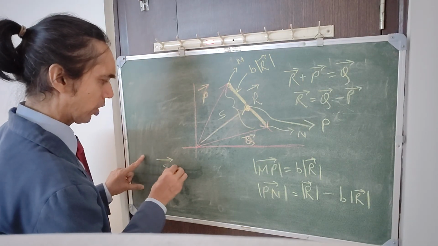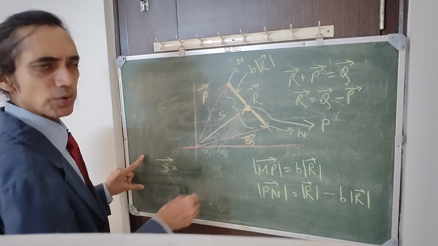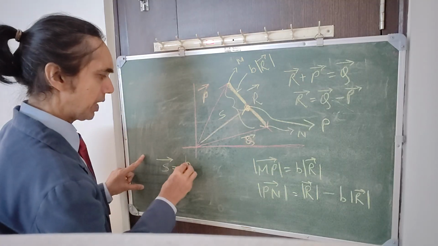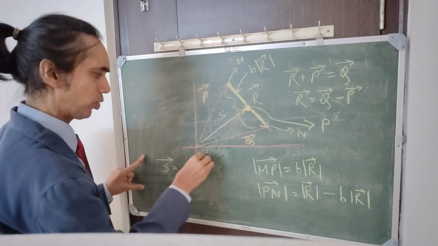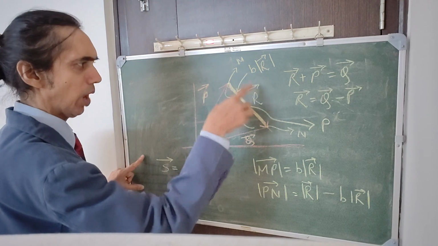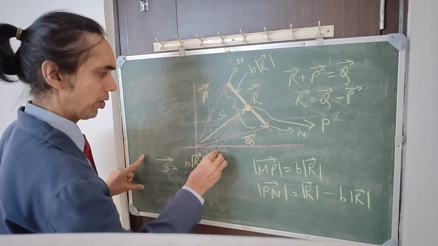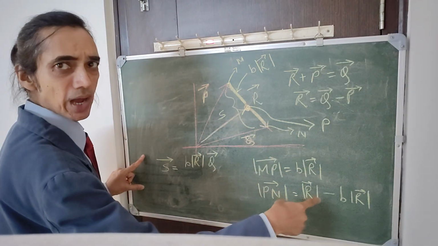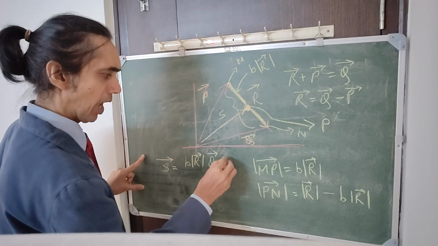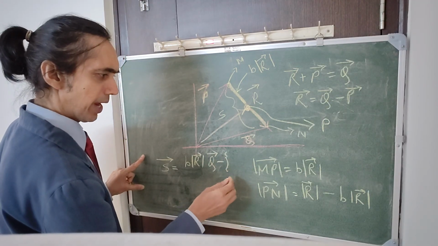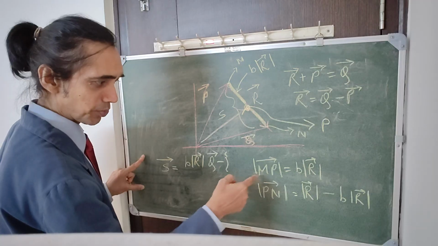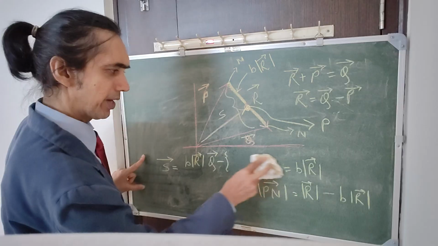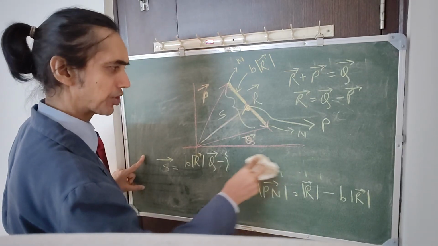I want to solve it by use of the section formula. So this S vector will be B into R multiplied with Q. And this segment is R minus B into R. I make space over here. What is PN for us?